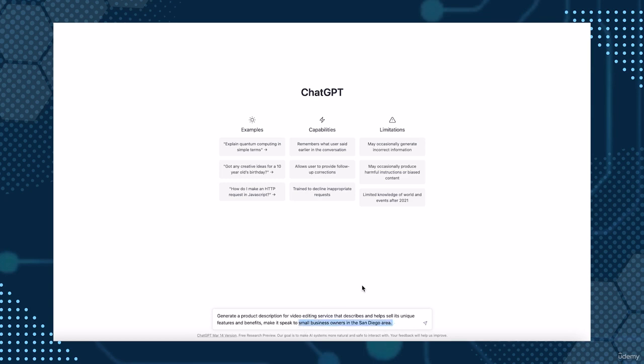So if you are, for example, selling tea, you would change this to maybe matcha green tea and then make it speak to perhaps startup owners in the Bay Area or Asian Americans between the ages of 20 to 50, based in a certain region. The more specific, the better. You could even go as far as saying, I want to target health conscious people who are also eco-friendly. Now, the more precise, the better, and ChatGPT also has the option to help you get even more precise.